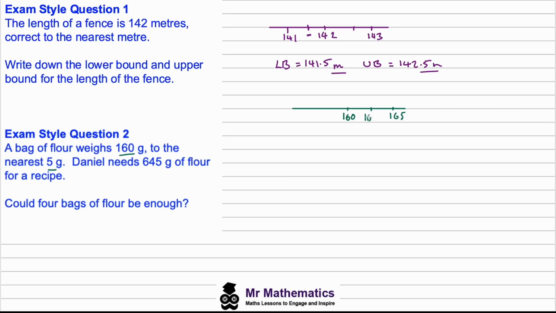So that'd be 162.5. And we're looking at this being the maximum possible weight of a bag. So if it did weigh this much, then the maximum capacity of 4 bags will be 4 times 162.5. This will give us 650 grams.